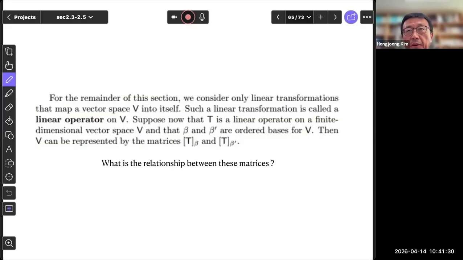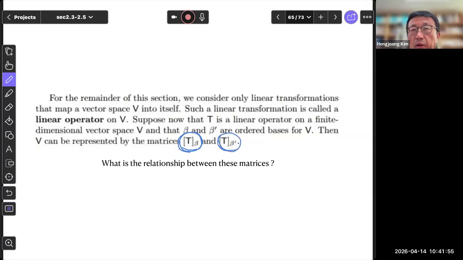two bases, beta and beta prime. Then T can be represented by these matrices. But please remember that the first one assumes that beta is a basis for V in the domain and codomain.